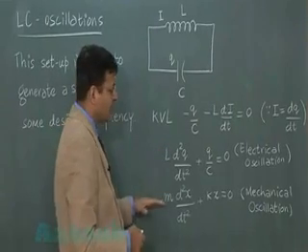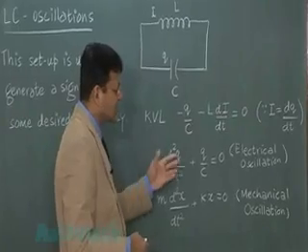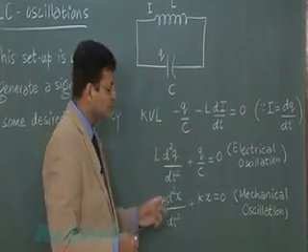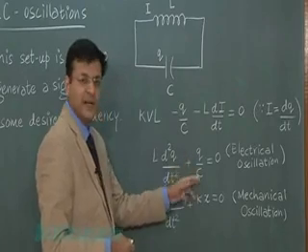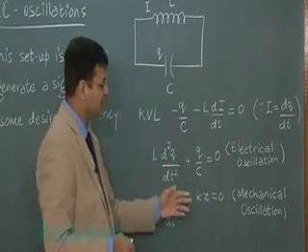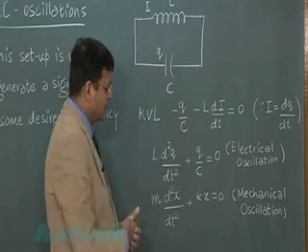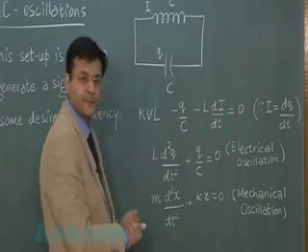Whatever role the spring constant is playing, the same role is being played by the inverse of capacitance, and displacement is analogous to charge and all that you can think.